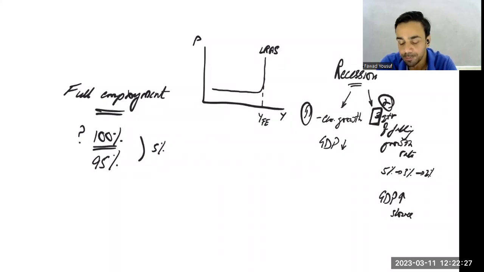But one thing is for sure, aggregate demand is going to fall down. Economic activity is going to go down. Employment is going to go down. Right. So, from that point of view, in a recession you would want to discuss what is going to happen to employment.